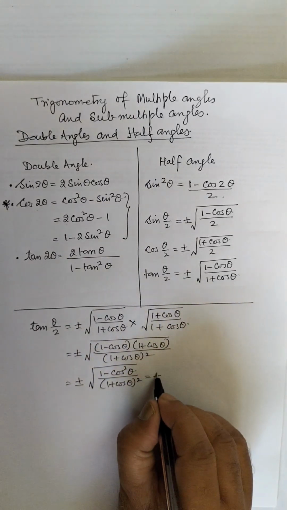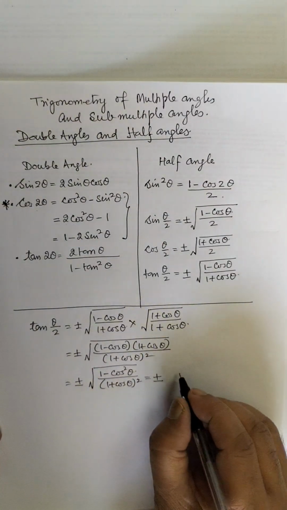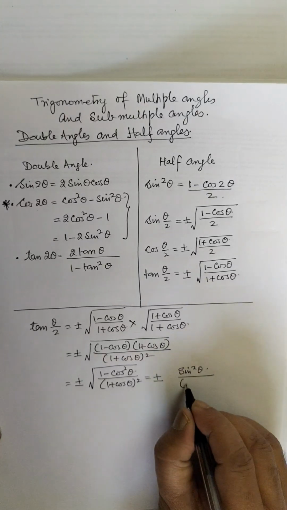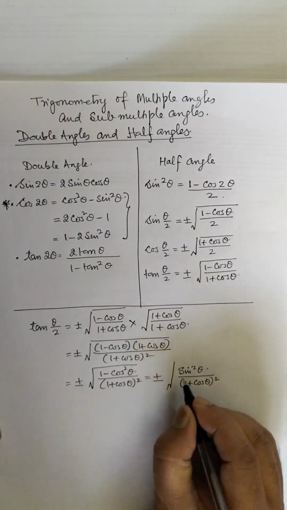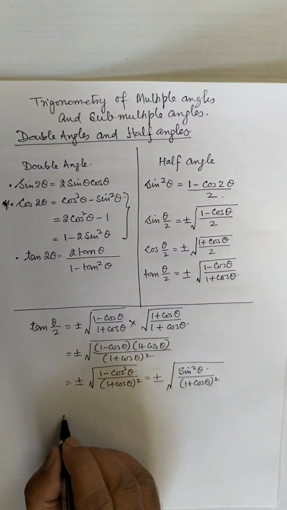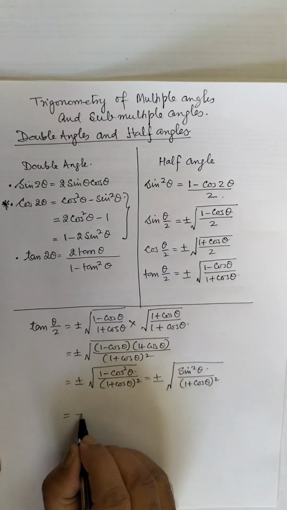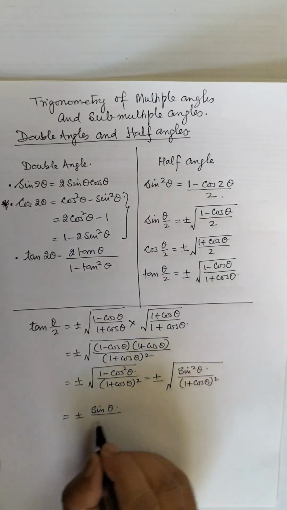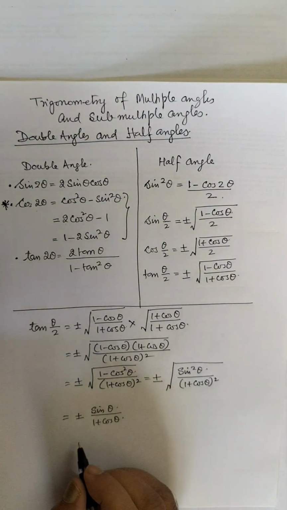Now this can be further written as, because we know from Pythagorean identity 1 minus cos square theta is nothing but sin square theta, the denominator as it is, 1 plus cos theta the whole square, and the entire thing is under radical. Now remove the radical, sin square theta will become sin theta, and this is 1 plus cos theta. So this is another expression for tan theta by 2.